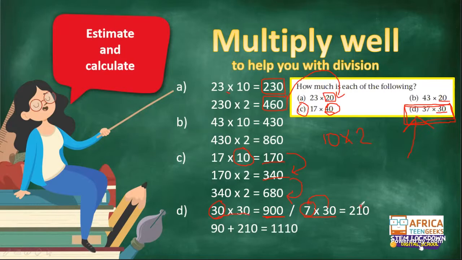All of you should know by now that it is 21. And then I see, oh, I have 1 zero, and I put my 0 there. And then I just add this number to this number. That one should be 900. Oopsie, there's a mistake. 900 plus 210 equals 1,110.